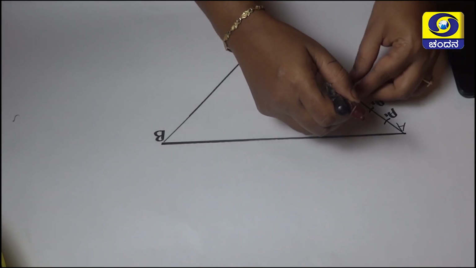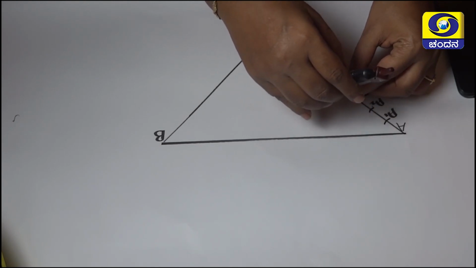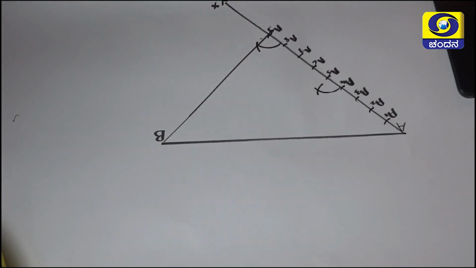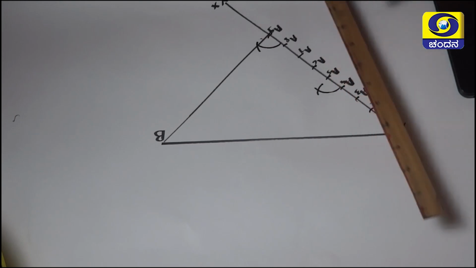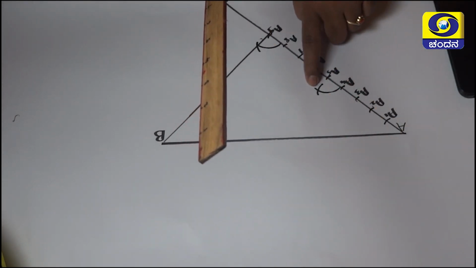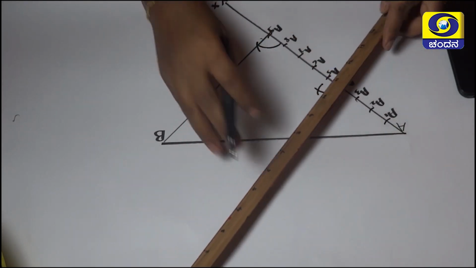Repeat the same at point A5. Now you can see two arcs. Let us draw a line passing through the point of intersection of these two arcs.